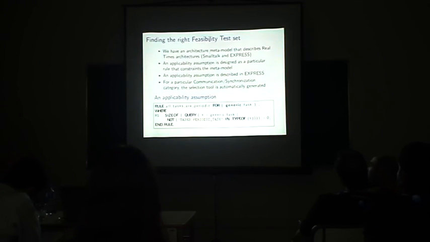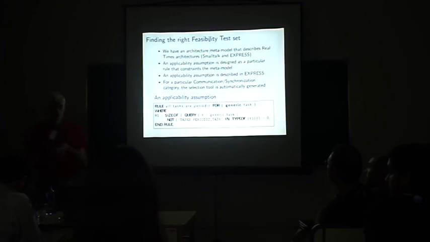So here is, for example, an applicability assumption. It is a rule, in Express, which can be applied to generic tasks. In fact, it says that all the tasks must be periodic, because for a lot of systems, in order to be able to use a feasibility test, the real-time architecture must be periodic.